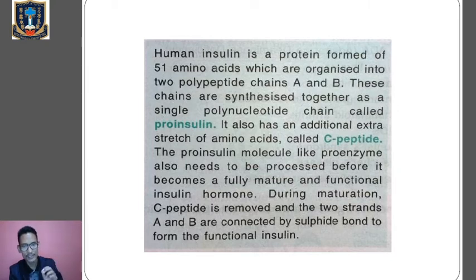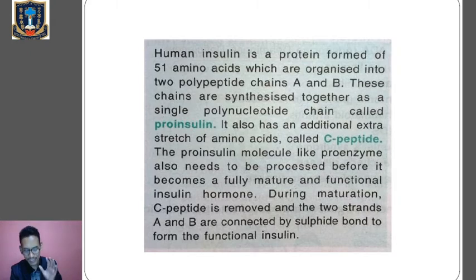One more time: human insulin has got two polypeptide chains A and B, but it also has an extra chain which is called the C peptide. So this proinsulin has to undergo processing to become the fully mature functional insulin hormone. During maturation, that extra stretch of amino acids, the C peptide, will be removed. Clear?